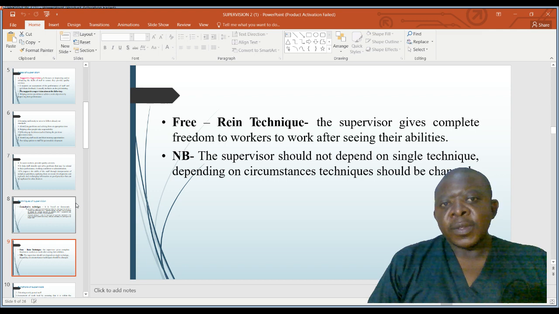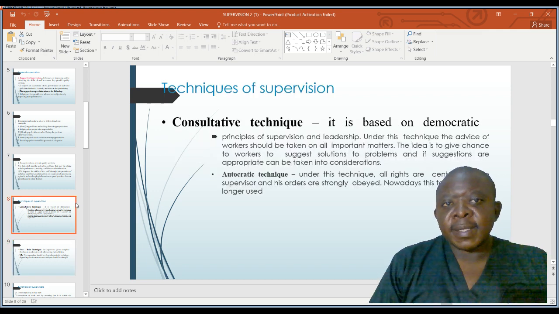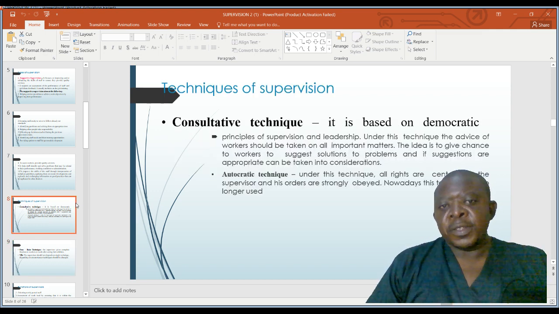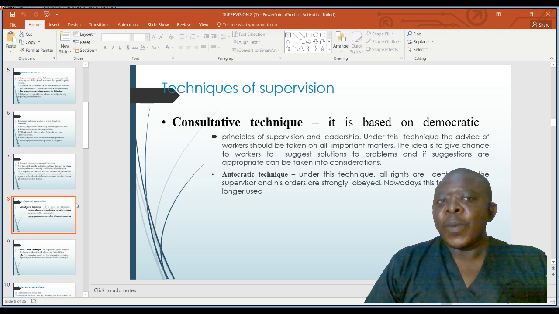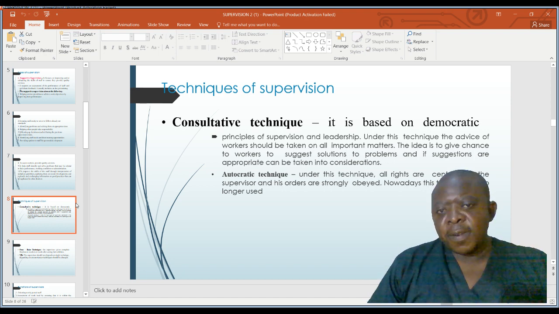Okay, so now when talking about techniques of supervision, when we look at consultative technique, it's more like you're using democratic style, okay, where you value the contribution from others.